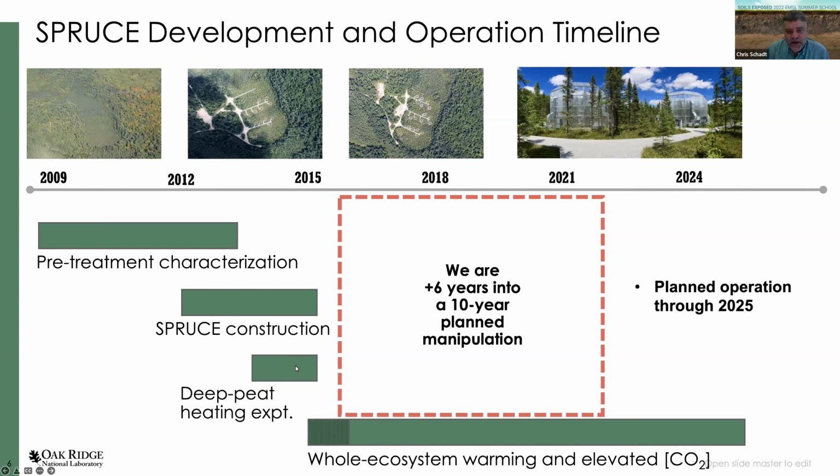After that, the chambers were constructed and we began heating the whole above ground and below ground system together, and adding a carbon dioxide treatment into half of the plots in each of those chambers another year after. So full operation of the whole experiment, with below ground heating, above ground heating, and carbon dioxide, really began in 2016 and has been carrying on since then through a planned 10-year duration.